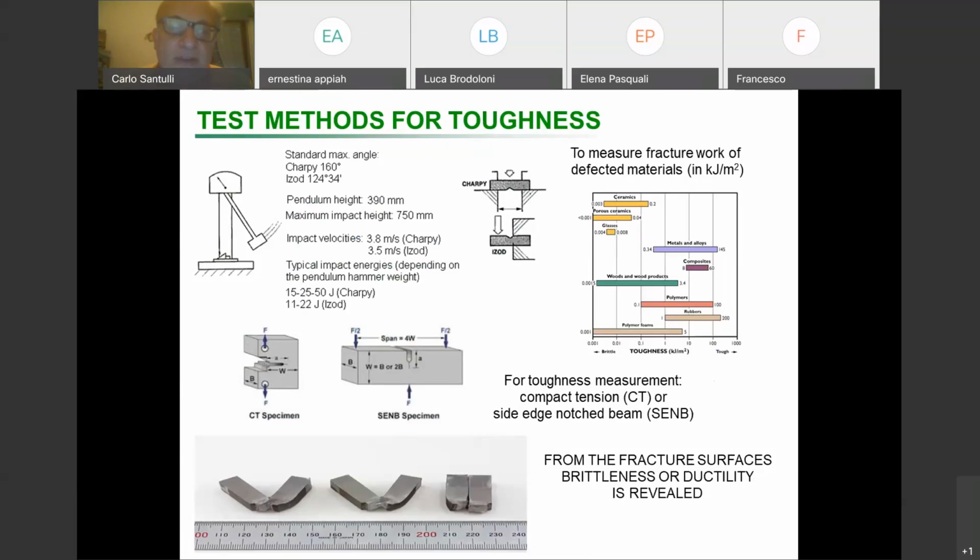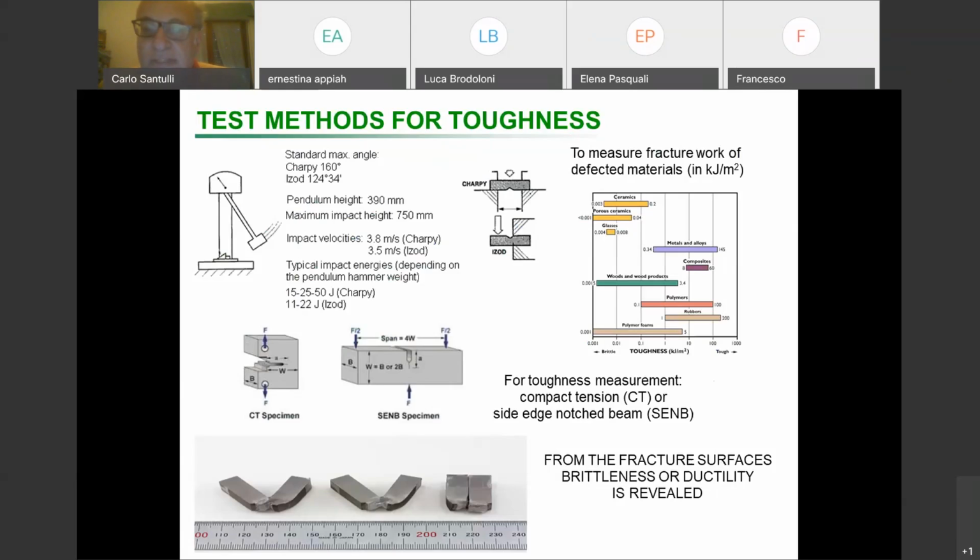Okay, so basically you have a pendulum that impacts and gives you information about the work of fracture. Work of fracture, depending on the section, of course, so it's a relative work of fracture. So you have kilojoules divided by square meters. Here you can have an idea of the toughness of some categories of materials.